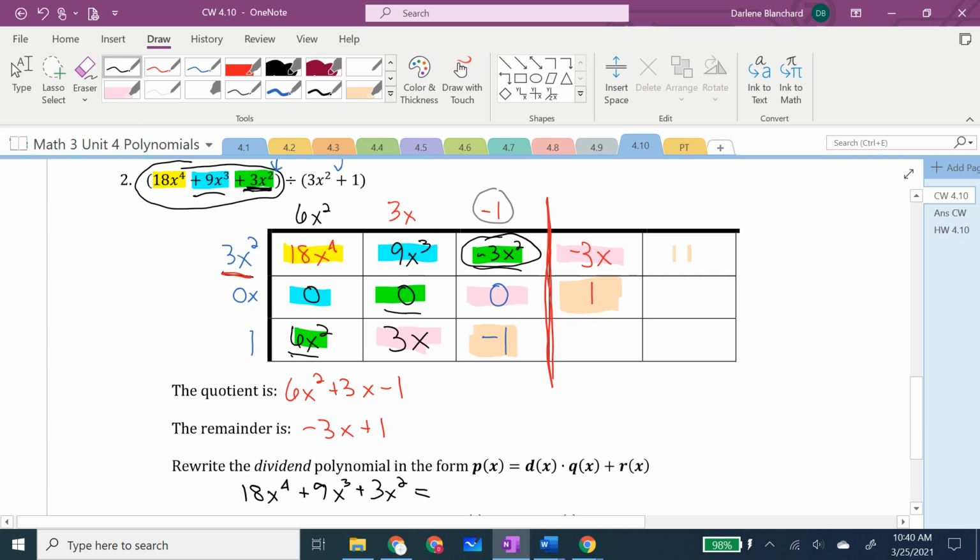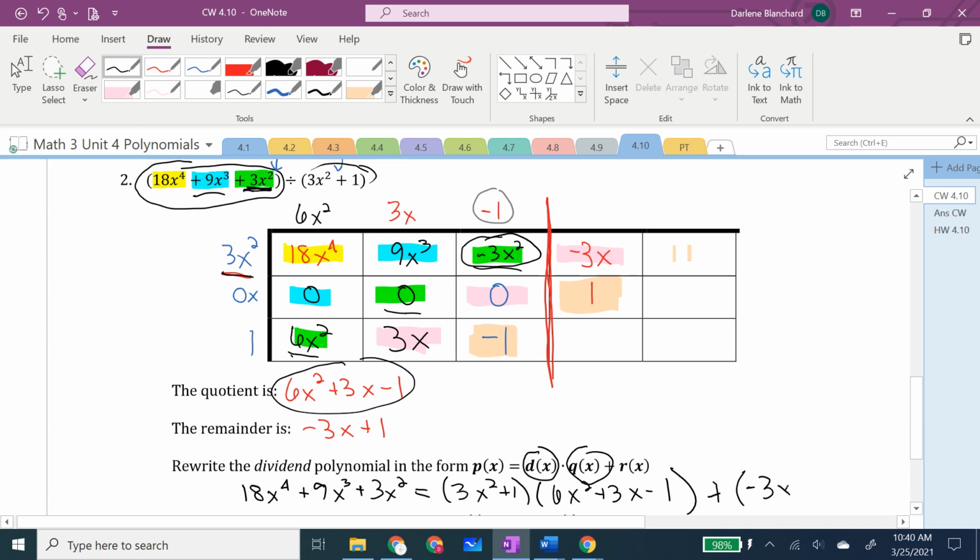That polynomial is equal to the divisor, which is the 3x squared plus 1, multiplied by the quotient, which is 6x squared plus 3x minus 1. And I've got to have a parentheses around those two. And then plus the remainder. I'll put a parentheses, but I don't need to, just to overemphasize that that is our remainder.